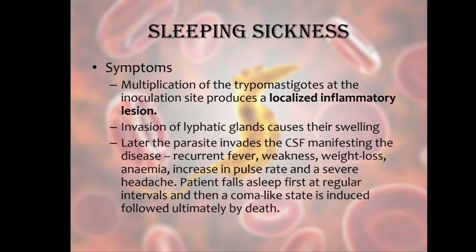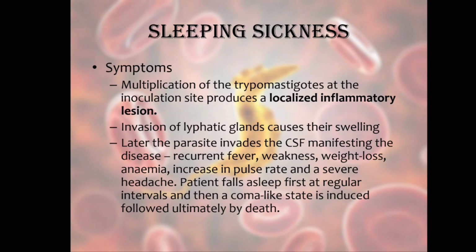Now let us talk about the disease which is caused as a manifestation of this infection, that is sleeping sickness. As the name suggests, in this particular situation, the person in the later stages of the disease is induced in a rather sleeping like state. The person likes to sleep a lot and it ultimately ends up in a coma like position.